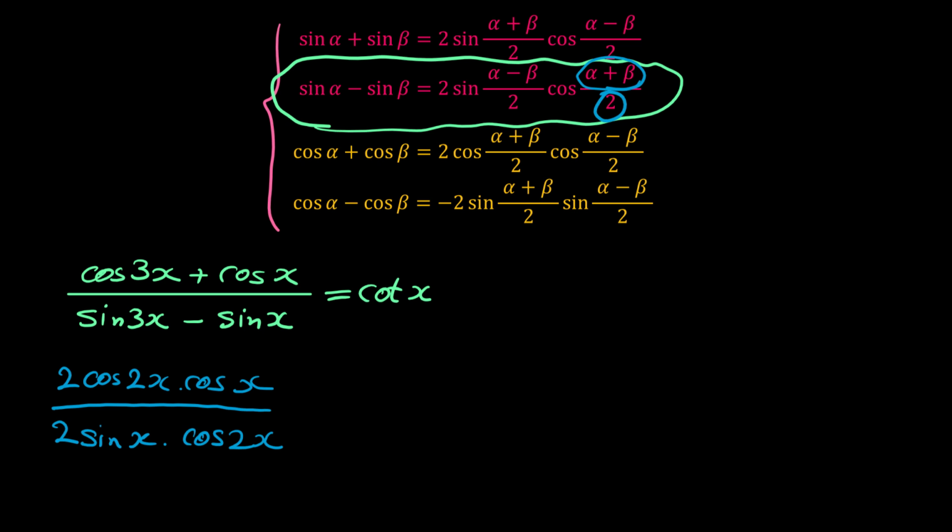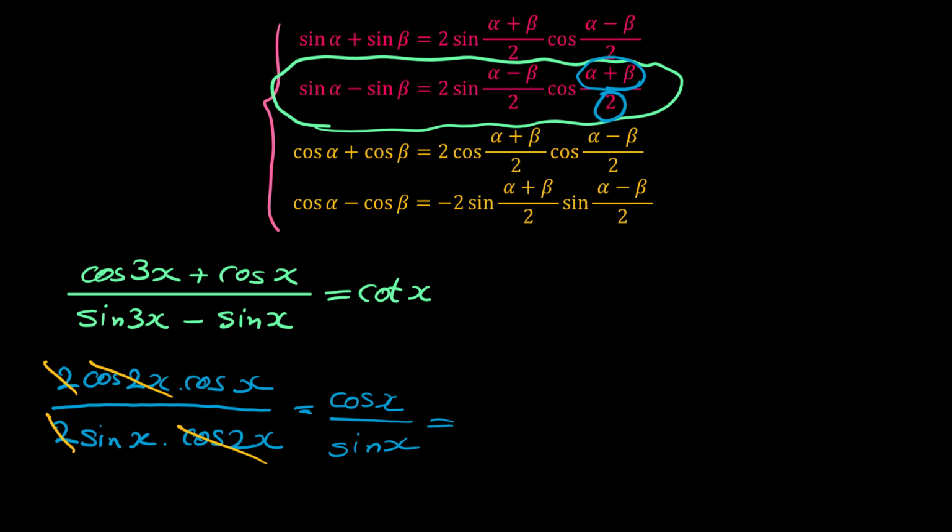Now look at the numerator and denominator. We can see that the cosine 2x from the numerator with cosine 2x from the denominator cancels. 2 from the numerator with 2 from the denominator cancel each other. And then we have cosine x over sine x.